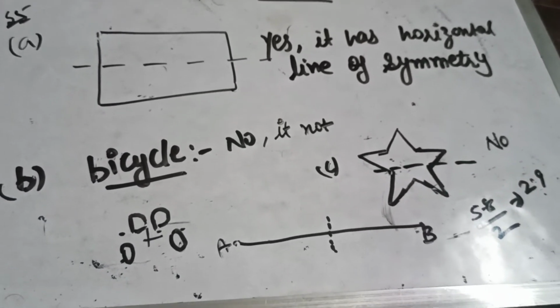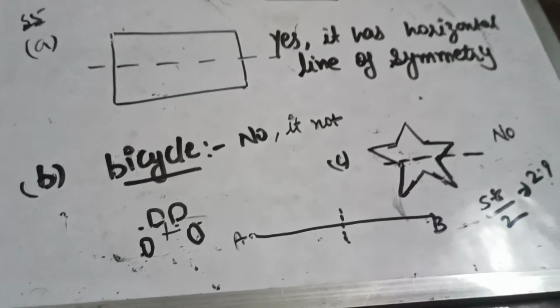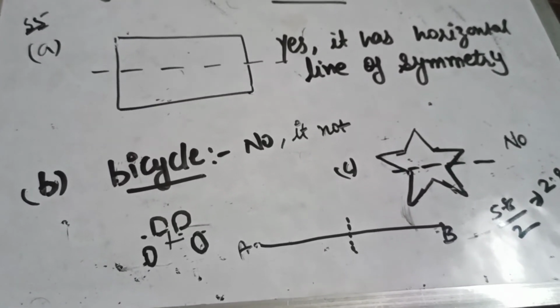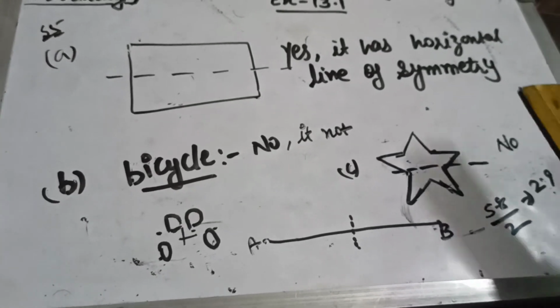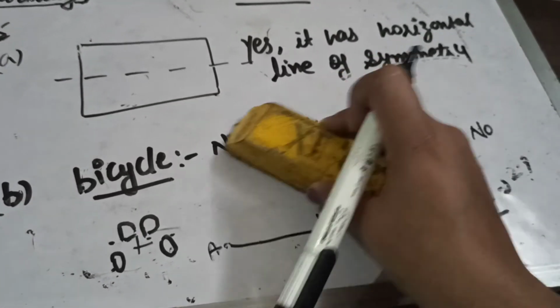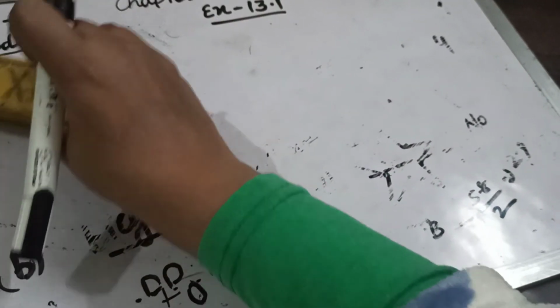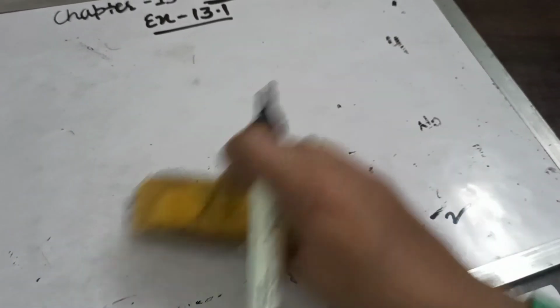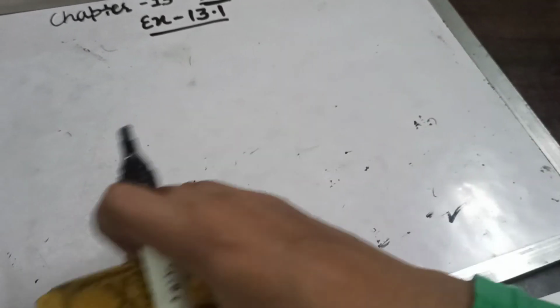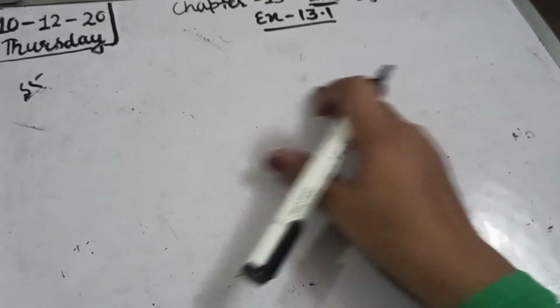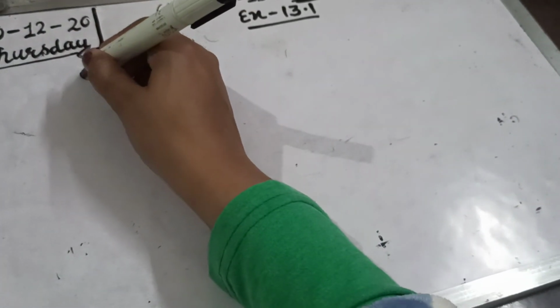Next one is: write down numbers from 0 to 9. Treat them as figures and identify the line of symmetry in each, if at all there is any. So now about this line of symmetry in the digits you learned in class 5th. Once again we will check which number has which line of symmetry. So firstly we will write here 0.